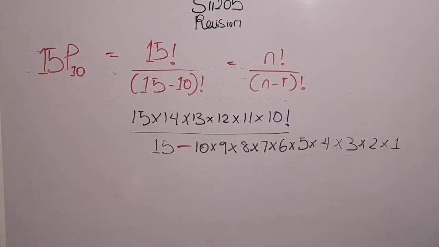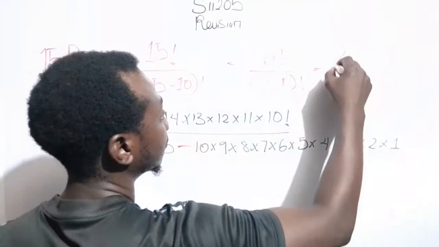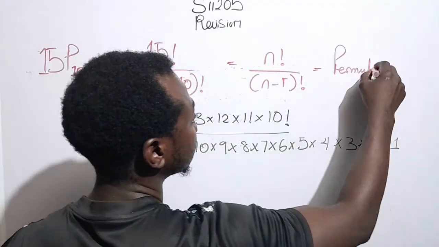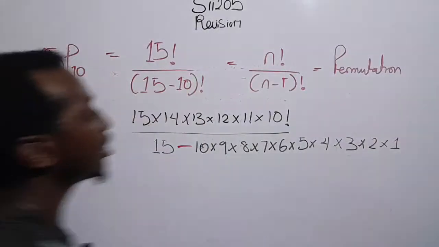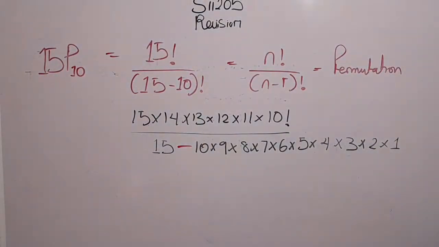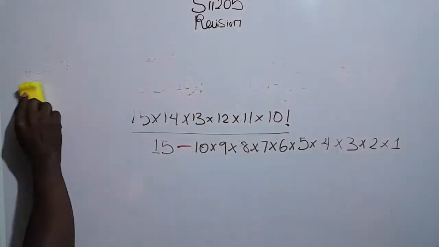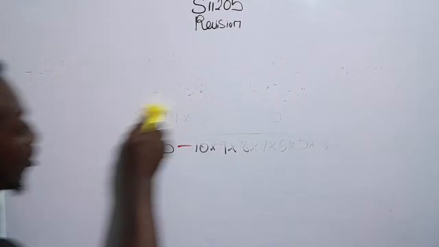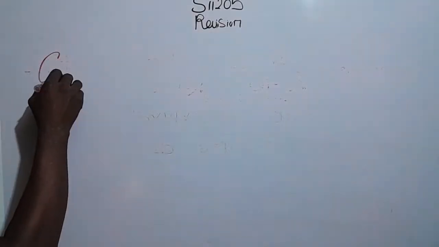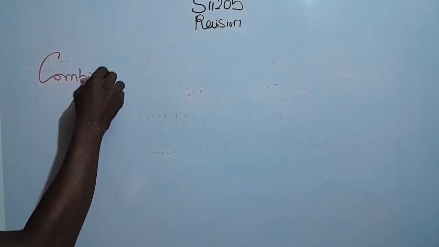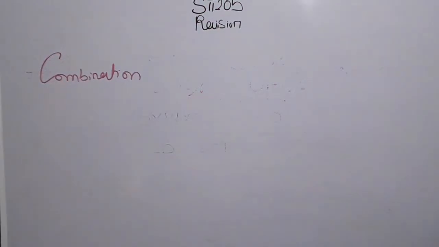And in line with this, we also have combination. Factorial, permutation, and we also have combination. Now, for combination, there's a formula for combination.